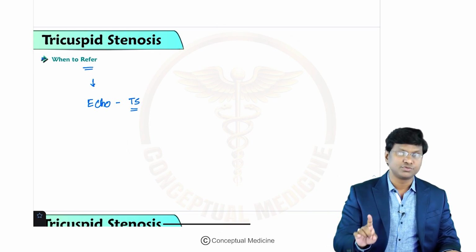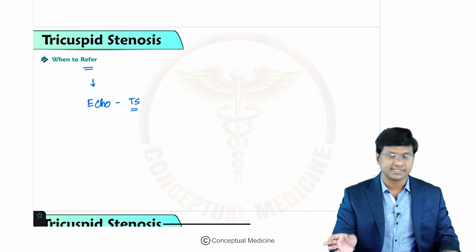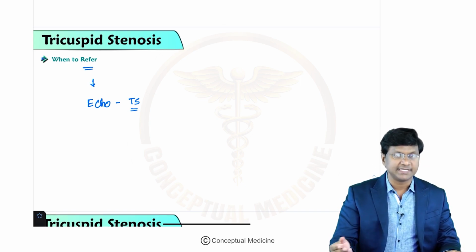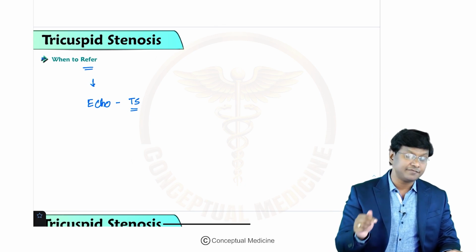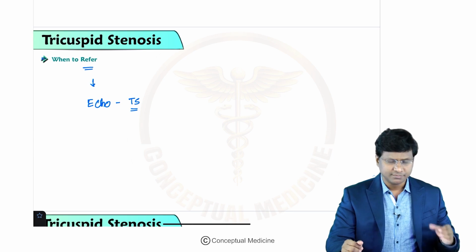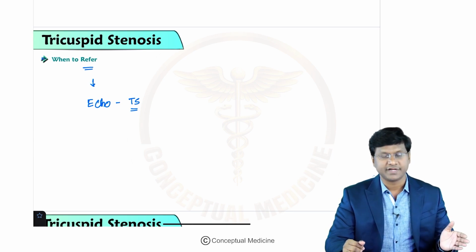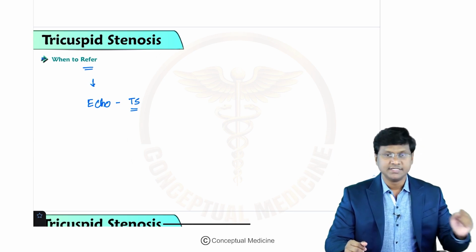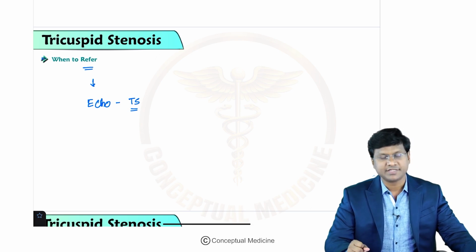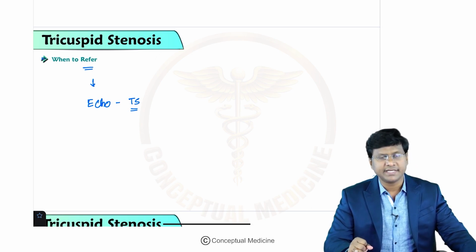So please remember, the most common etiology is rheumatic heart disease. The other etiologies are carcinoid, and after tricuspid valve replacement there can be development of tricuspid stenosis. Clinical features are mainly those of right heart failure: JVP is elevated, there is a giant A wave, and there is a mid-diastolic murmur. First line investigation is echocardiography. Confirmatory test is cardiac catheterization.